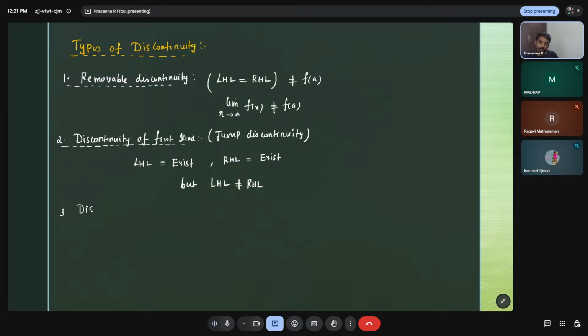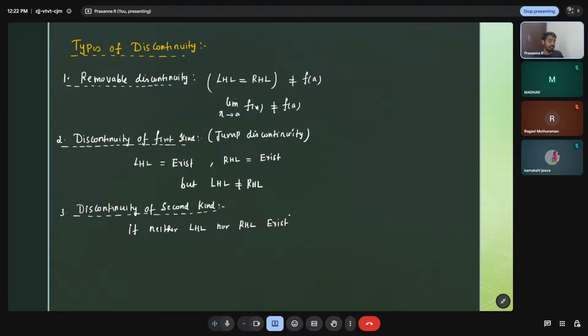Next is discontinuity of second kind. If neither LHL nor RHL exists, the limit itself will not exist.